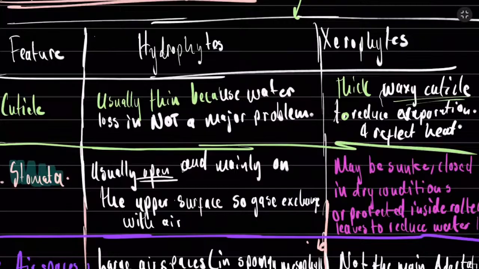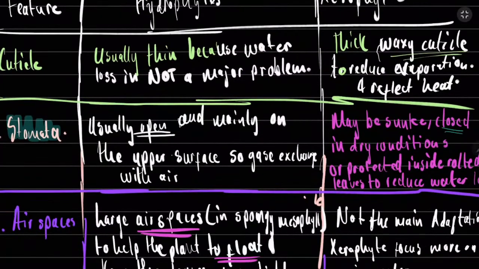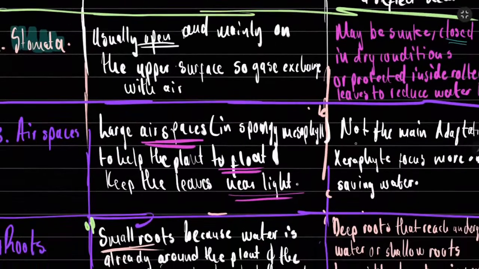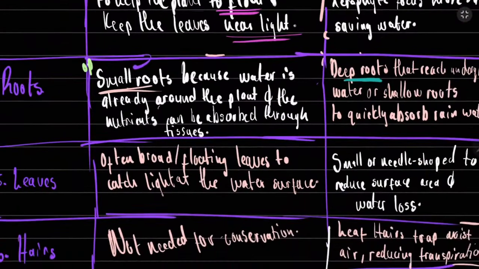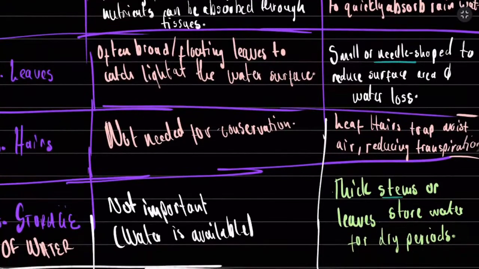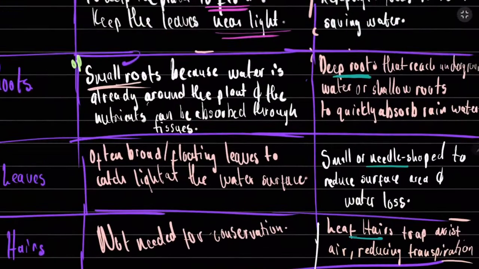Its stomata will be sunk or closed in dry conditions. That's important. Its roots will be deep. That's important. And finally, its leaves are small. That's important. You can say those things. Other things like thick stems can also help you, and hairs that reduce transpiration on the leaves.